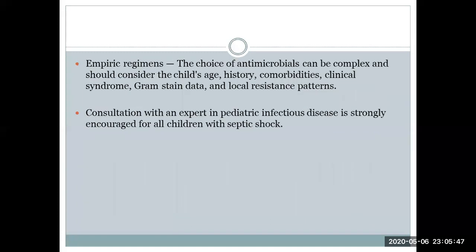So the choice of antibiotic, what antibiotic you should use, depends on the child's age, neonates or older pediatric age group, but also on the history, the comorbidities, the clinical syndromes, the possibility of the organism that is responsible, and consult the experts, pediatric infectious diseases, when needed. But generally speaking, you need to cover gram-negatives plus or minus gram-positives.